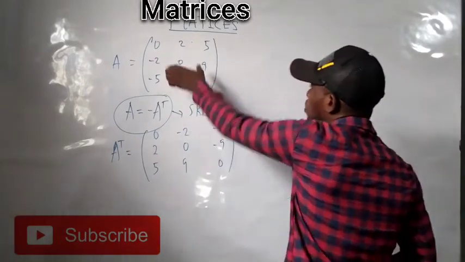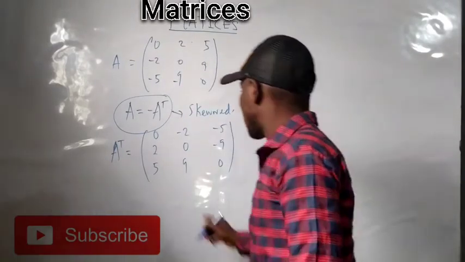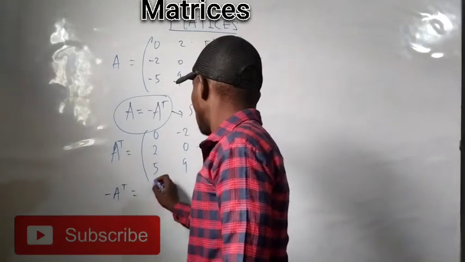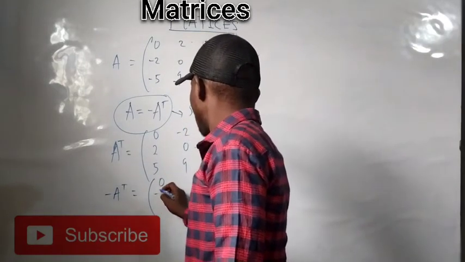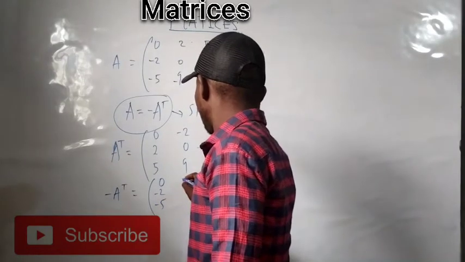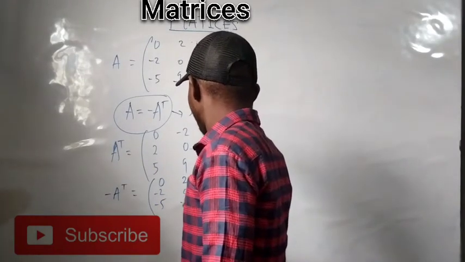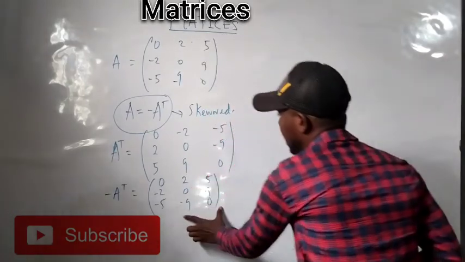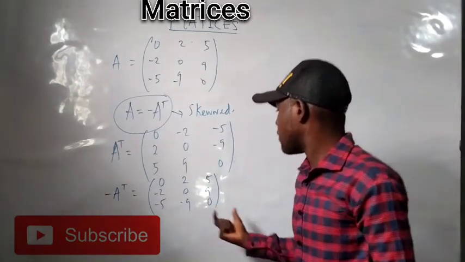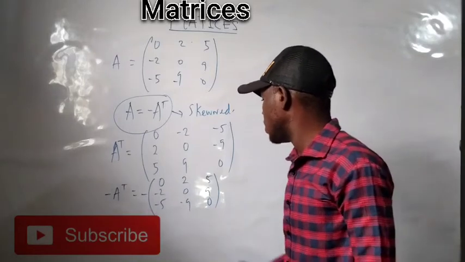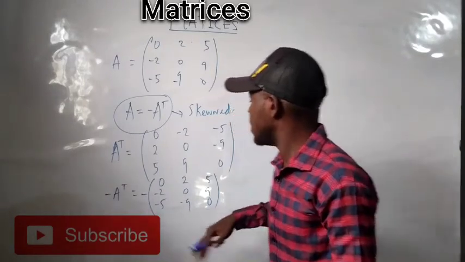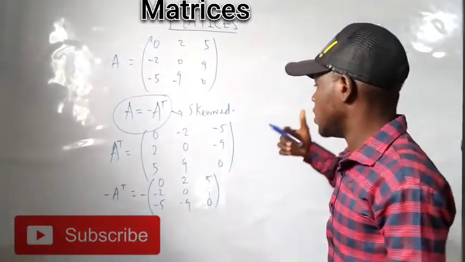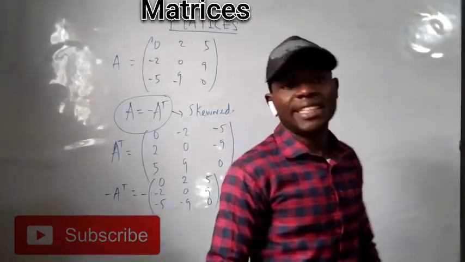I discovered that they almost look the same, only that if I factorize the minus symbol out, so that I have minus A, it's going to be 0, minus 2, minus 5, then 2, 0, minus 9, then 5, 9, and 0. Now, looking like the former one, in that I factorized minus out of this, it is called a skew-symmetric matrix in that case.